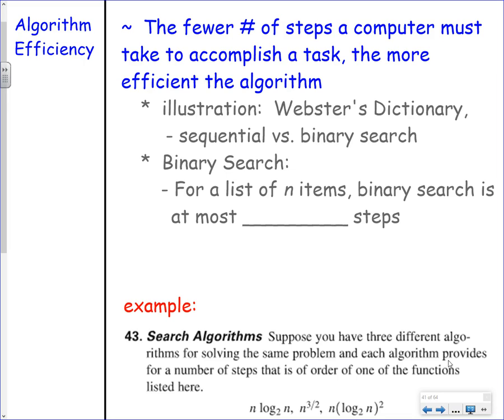Binary would say, instead of going through all the A's and the B's and the C's and the D's, pick the word, in a sense, this is one way of thinking about it, in the very middle of Webster's dictionary. I have no idea what the middle word is in Webster's dictionary. What do you guys want to guess? Mortimer? Mortuary? How about mongoose?